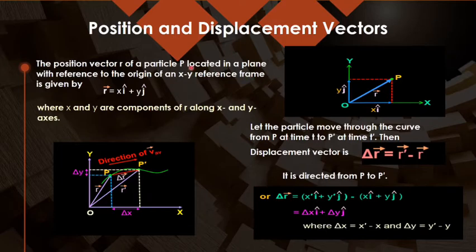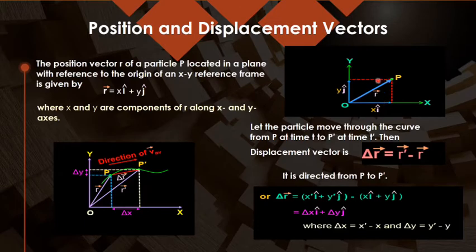Just to revise things, position and displacement vectors. If I am talking about the xy plane, this is point position P, and the coordinates for P will be x, y. So if I draw the projections on the x-axis and the y-axis, I get this length from O on the x-axis for the projection, and I say this is equal to x.